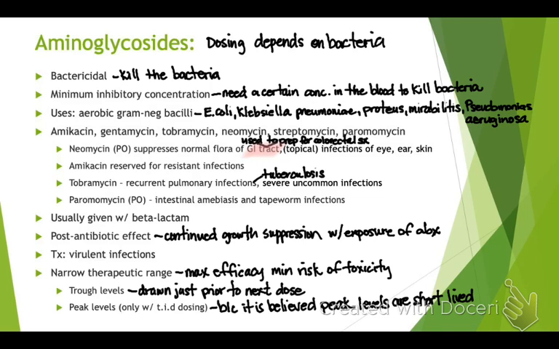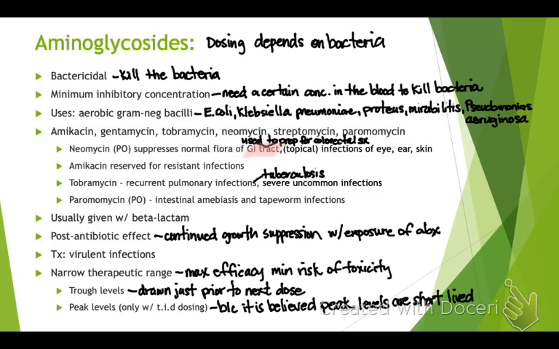The other thing is that increased levels of antibiotic will equal increased risk of nephrotoxicity and ototoxicity. So we want to keep that in mind when we're giving our antibiotics. Troughs are going to be monitored initially, and then every 5 to 7 days until the drug is discontinued. Creatinine levels are going to get checked every 3 days.